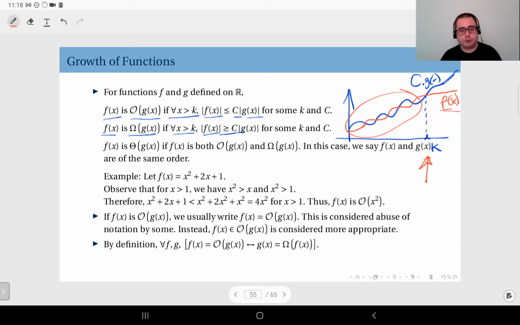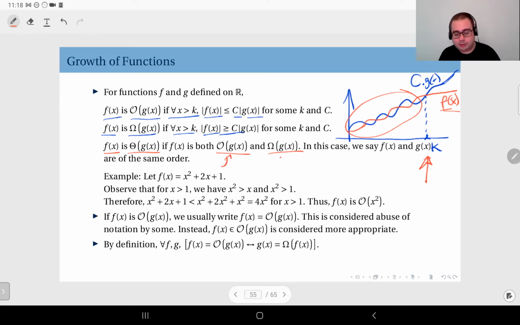And if both of them are satisfied together, if f of x is both big O g of x and big omega g of x, then we say that it's big theta of g of x. Now, at first, this could feel counterintuitive. When you say f of x is big O g of x, you are saying that g of x is growing faster.